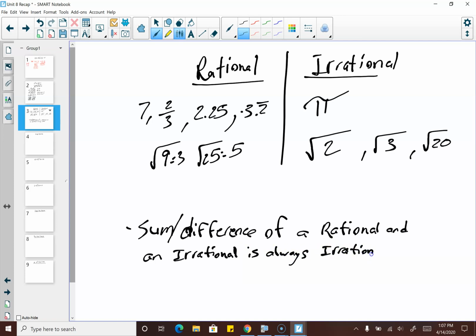So whenever you have one of each, one R, one I, you always get an I. Now don't write this as an explanation or as an answer. You're going to want to write that sentence, but that's just a little visual representation for you.